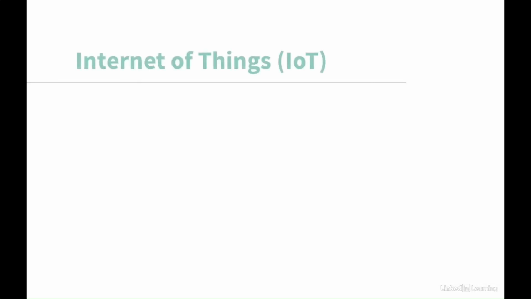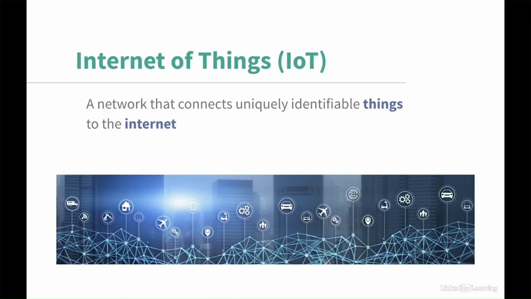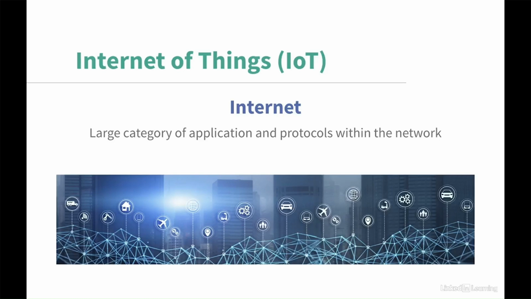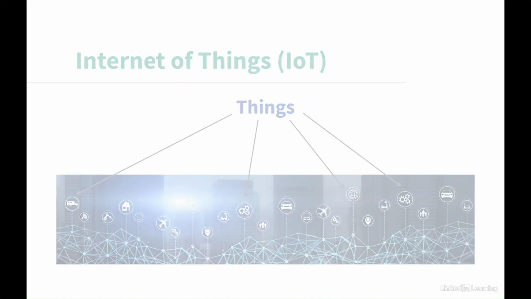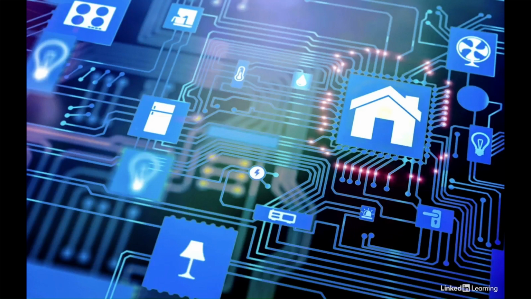IEEE defines the Internet of Things as a network that connects uniquely identifiable things to the Internet. The Internet refers to the large category of applications and protocols within the network. The things are basically any device that is capable of connecting to the Internet, including smart devices, sensors, daily personal devices, factory machines, and any other entity that's able to communicate with other connected objects.